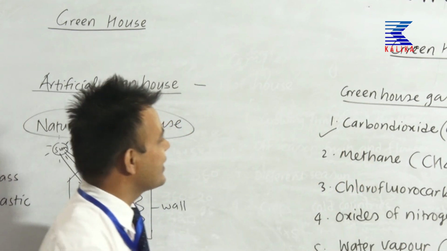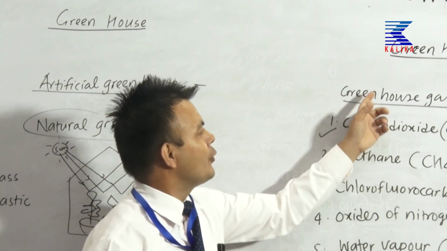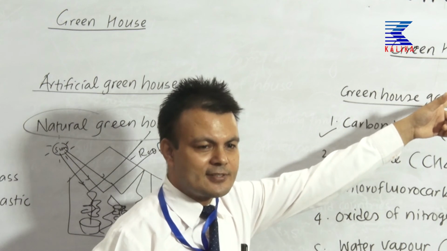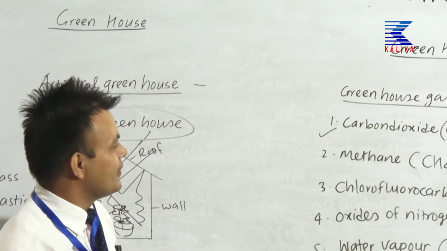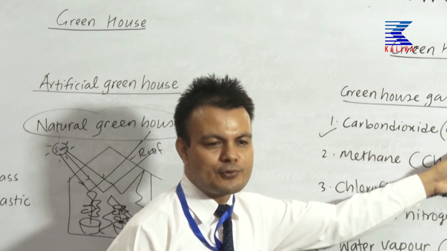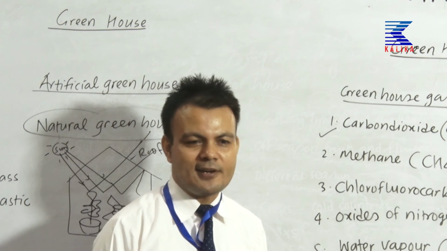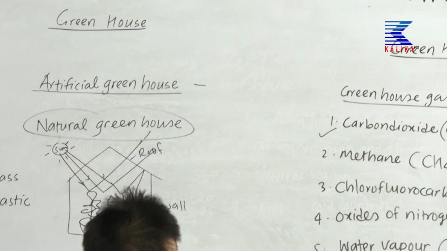These are the gases responsible for increasing the temperature of the Earth, or causing the greenhouse effect. And these gases are called greenhouse gases. The main greenhouse gas is carbon dioxide, CO2. That's why the more carbon dioxide we produce, the more it causes global warming or the greenhouse effect.